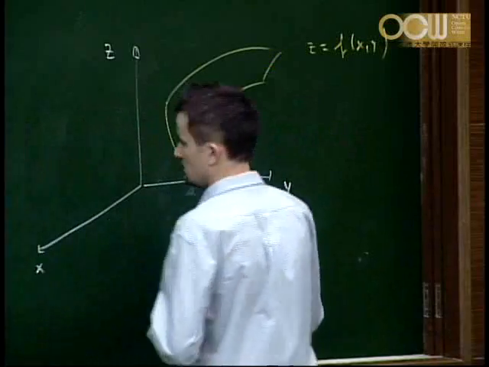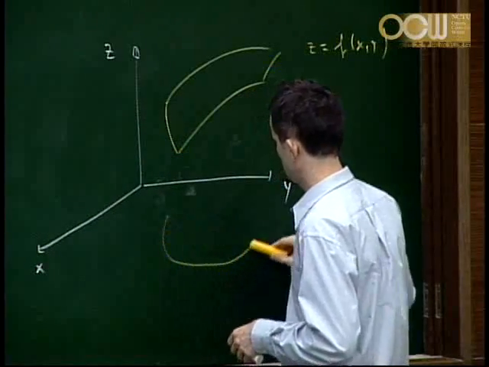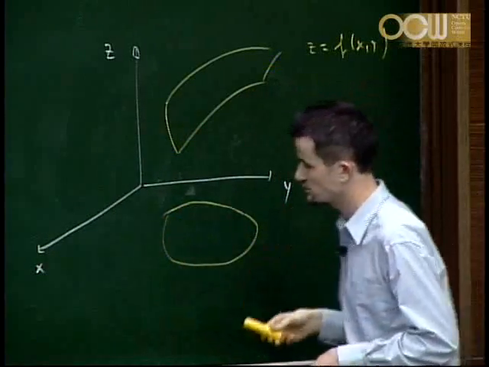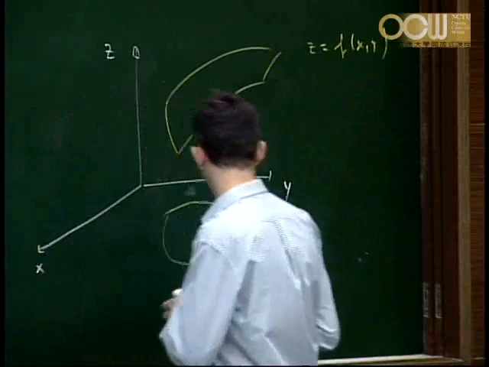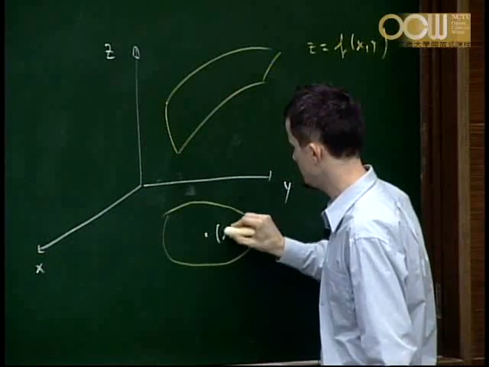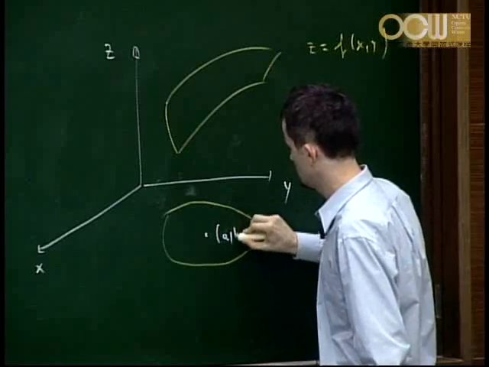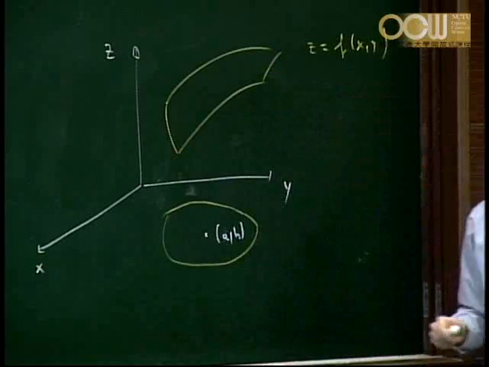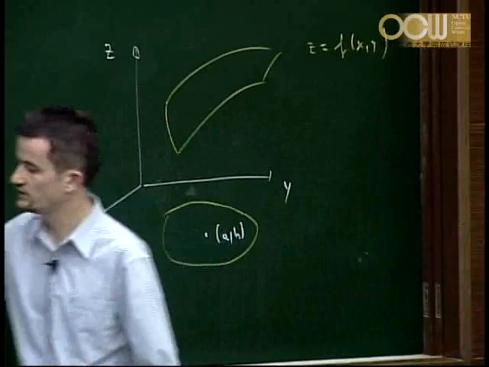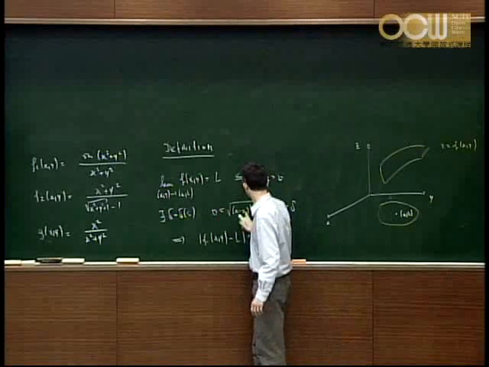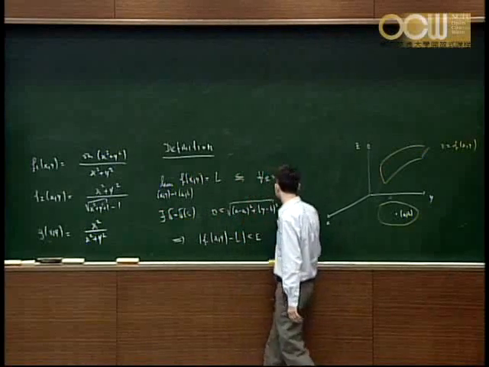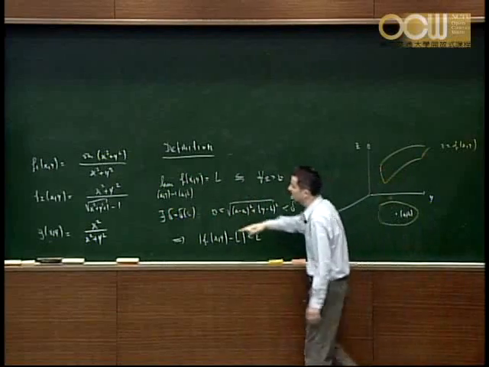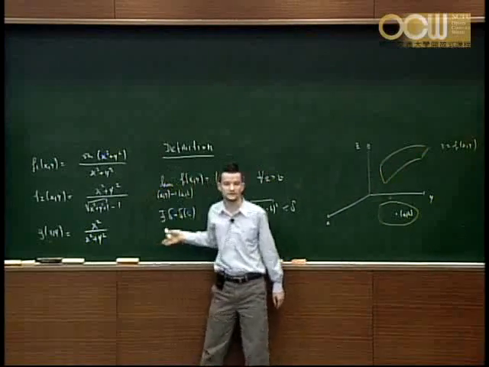So let's say this is here the domain of our function, and we have a point (a,b). The function is not necessarily defined at this point, because I exclude here the case where (x,y) is equal to (a,b) anyway. Like here, all those functions are not defined at the origin.